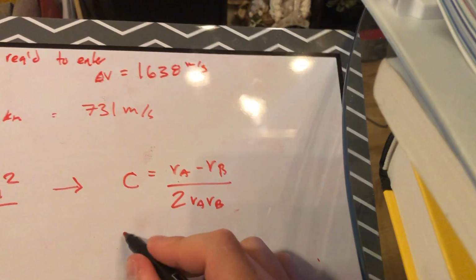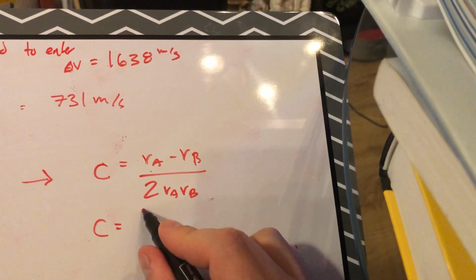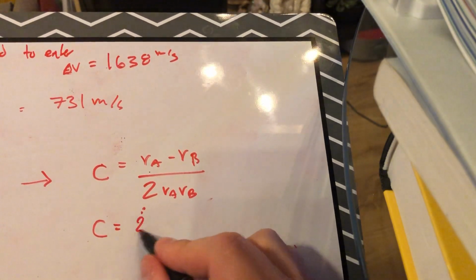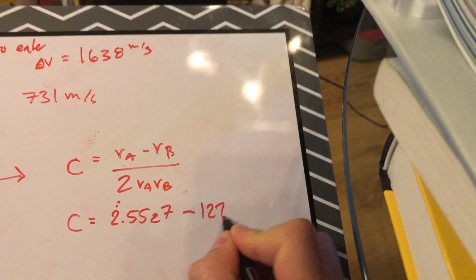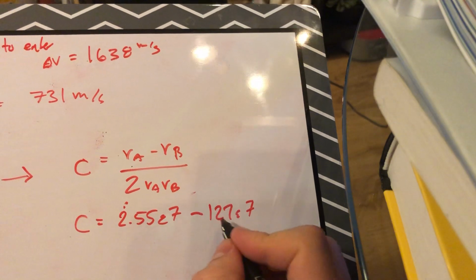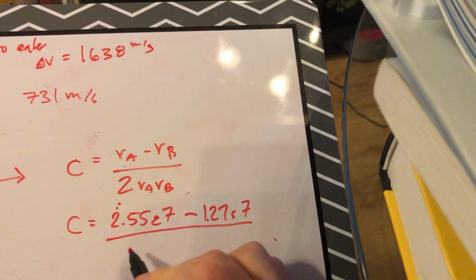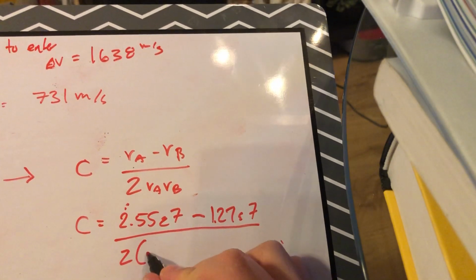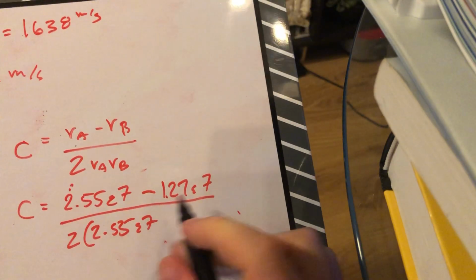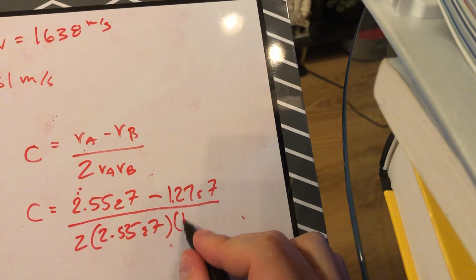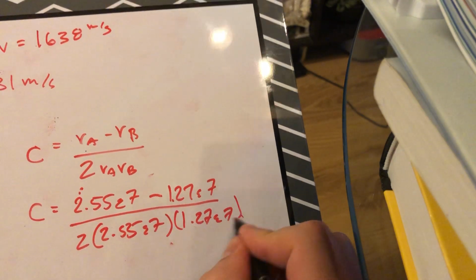So let's solve it. In this particular problem, we have 2.55 E7 minus 1.27 E7, over 2 times 2.55 E7 times 1.27 E7.